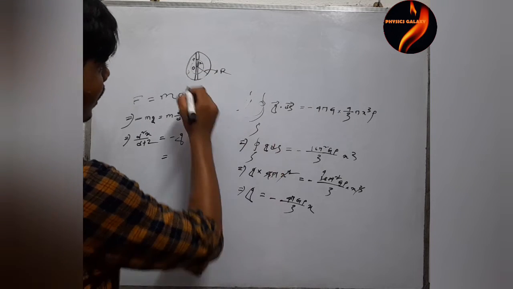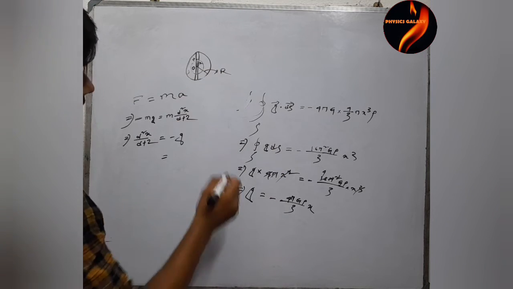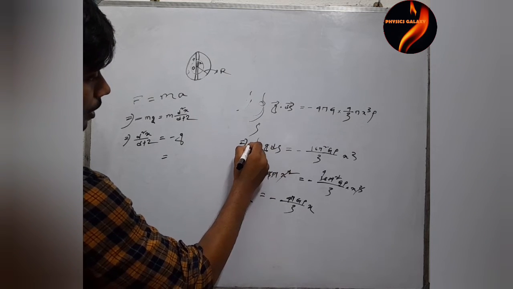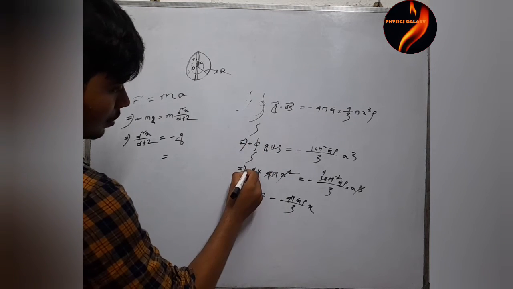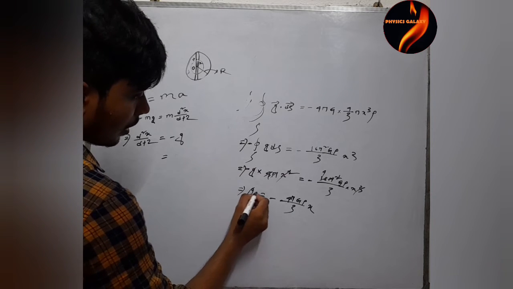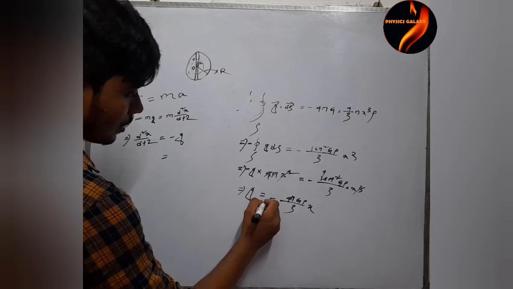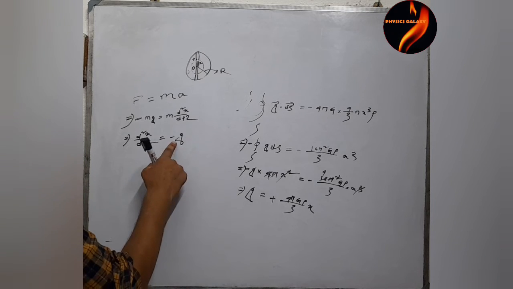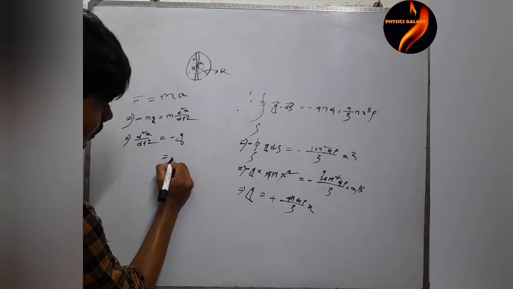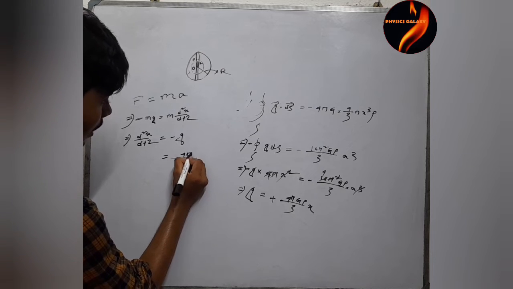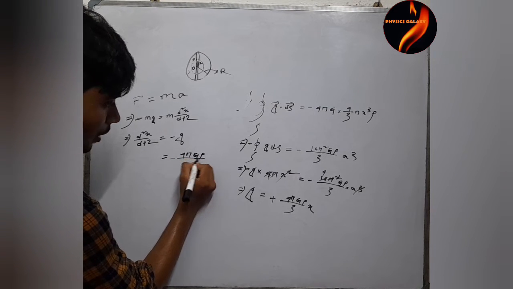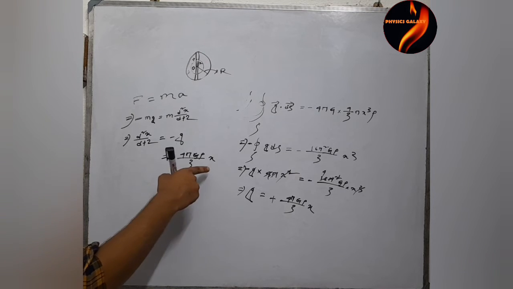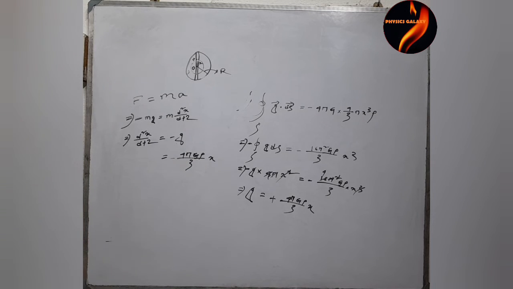The elementary surface ds is always outward from the surface, so g dot ds has a negative sign, and this negative sign cancels out and it becomes positive. If we put this g expression here, we get minus 4 pi G rho by 3 into x. Basically it is the expression of simple harmonic motion.